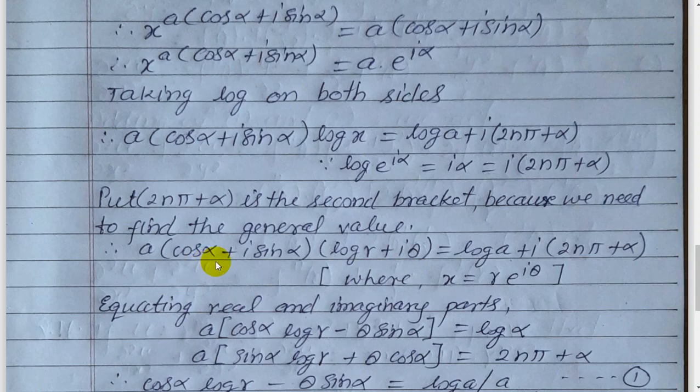Now we multiply these two brackets. And we get a cos alpha into log of r, a cos alpha into i theta, a i sin alpha into log of r, and here a i sin alpha into i theta, that is i squared, minus 1, so minus a sin alpha into theta, and log a plus i into (2n pi plus alpha), put as it is here.